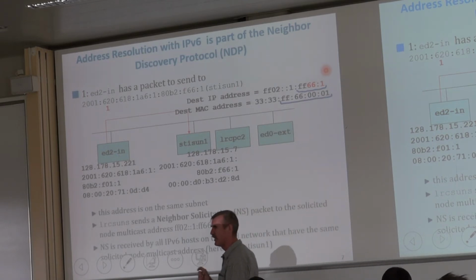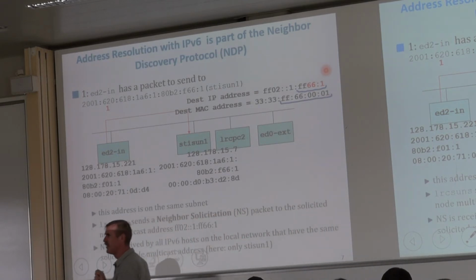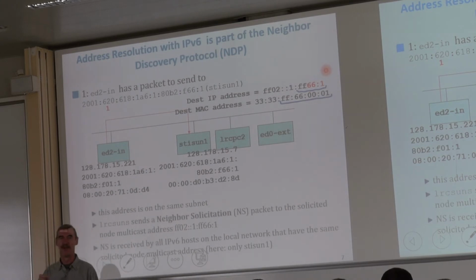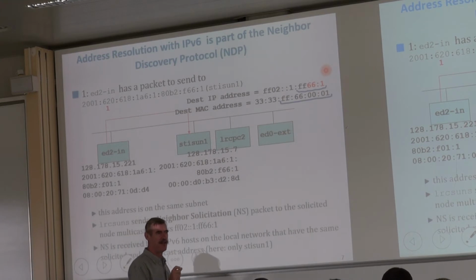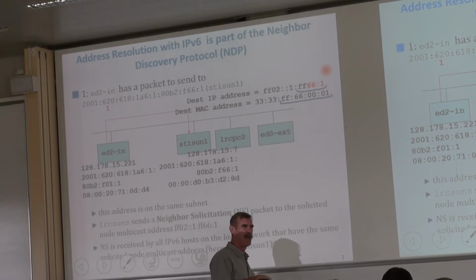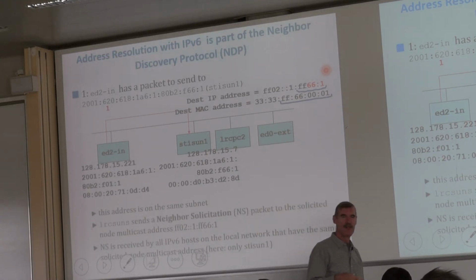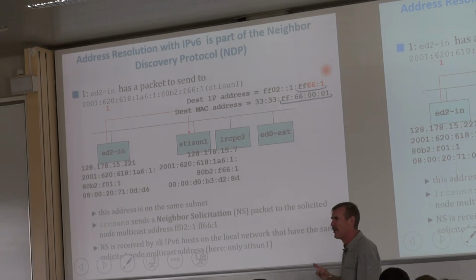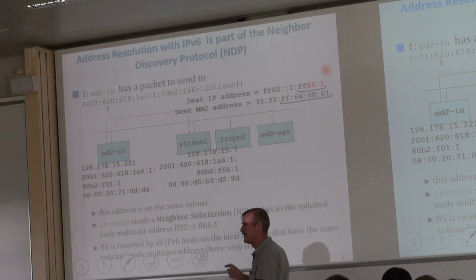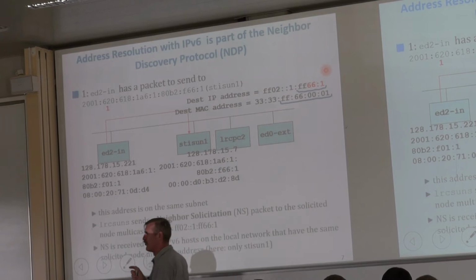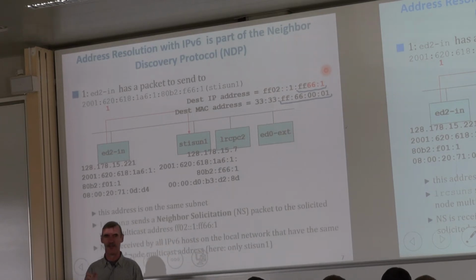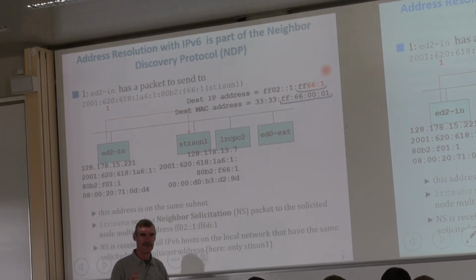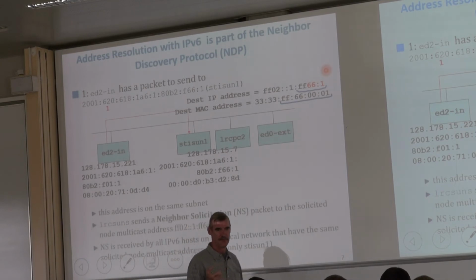Now, who belongs to that group? All machines that happen to have an IP address that has just the same 24 bits at the end. Now, because the final bits of an address are the least significant ones, they are in some sense random. Plus they are usually the host part. So inside the same network, how many machines having this address are probably in that group inside the local area network?